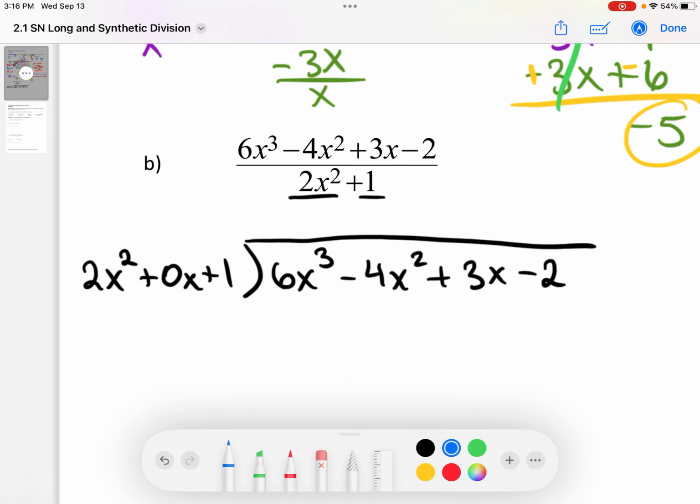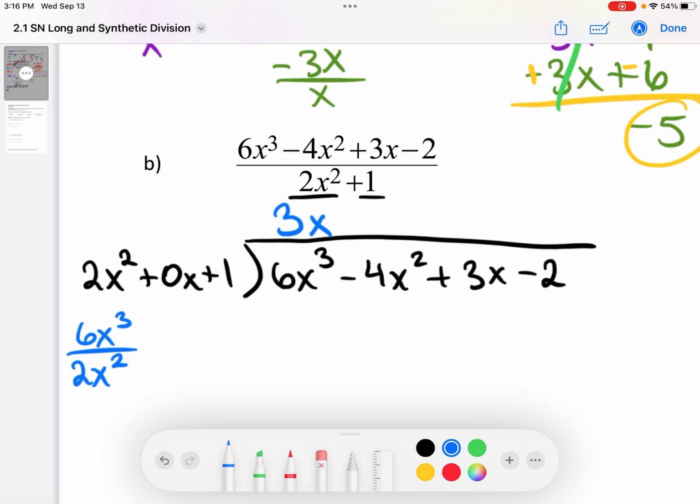Now, from here, the process is exactly the same. I mean, exactly the same. We start with the first term inside, divide it by the first term outside. So 6x to the third over 2x squared. 6 divided by 2 is 3. X to the third divided by x squared is x.